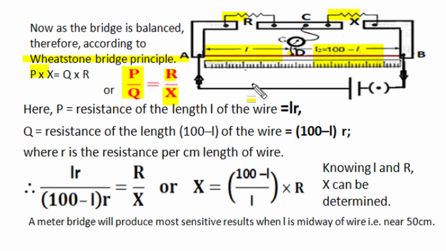we know P is this AD section wire length resistance, and if this length is L and per unit length resistance is small r, then L length of wire has resistance Lr and the remaining length has the other ratio resistance Q equal to (100 minus L)r. If we substitute the values of P and Q as Lr and (100 minus L)r, the resistance per unit length will get cancelled out.